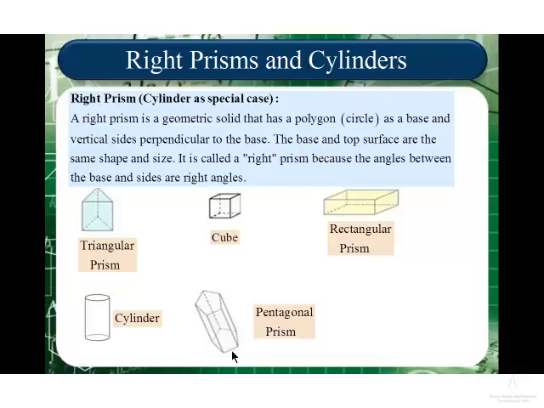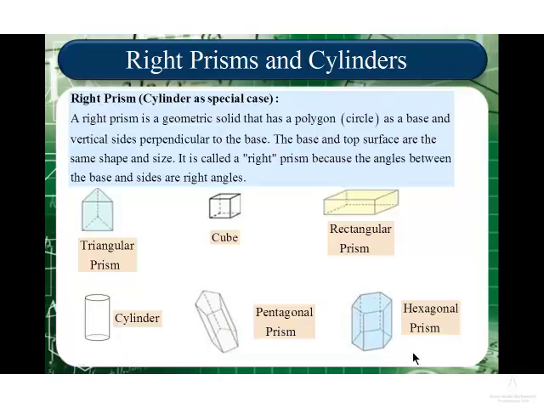So the sides, in this case, 5 sides around perpendicular with respect to the base and the top again, will again be rectangles. And finally, another example of a right prism will be a hexagonal prism. Hexagonal because the hexagon, the bottom and the top in this case, will be perpendicular with respect to the sides, again represented by rectangles, as you can see. So 6 sides in this case, and a base and a top being a hexagon in this case to form the hexagonal prism.